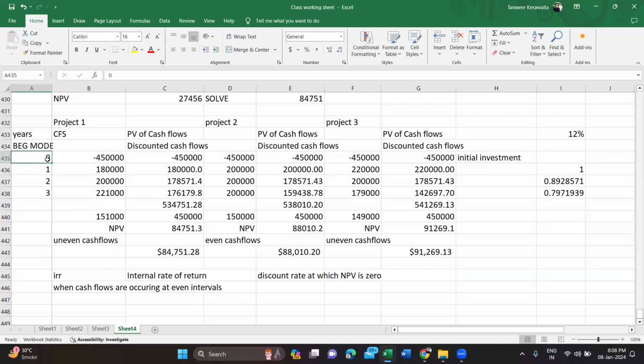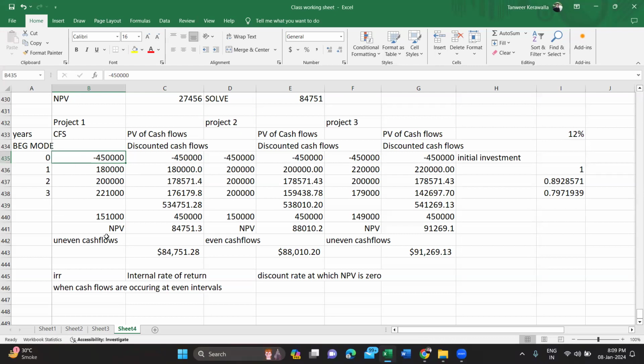Every year, either at the beginning of the year or the end, there's a gap of 1 year everywhere, right? So there's an even gap: 1 year, 1 year, 1 year. Whether you call it the beginning of every year or the end of every year, there's a gap of 1 year, so even intervals, meaning equal intervals.